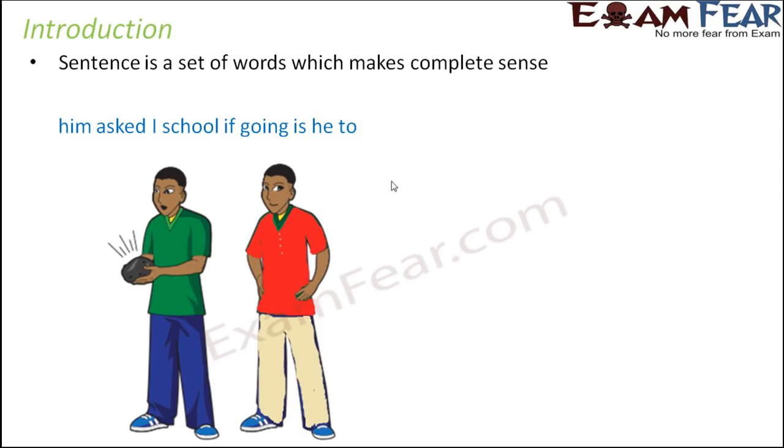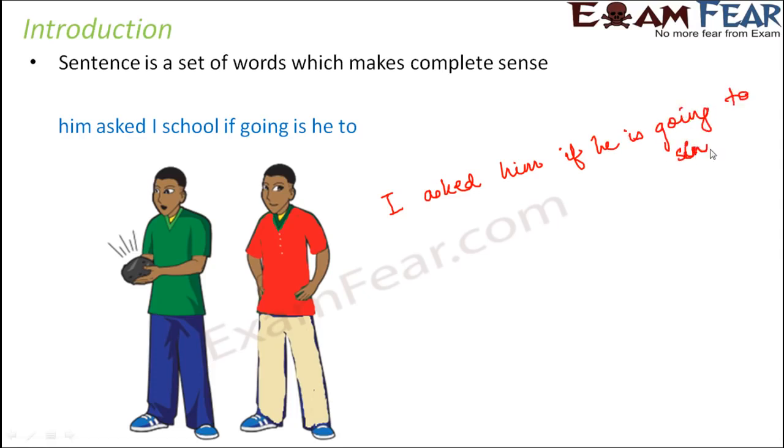But if the same words are written like this, now the words are jumbled up, so we just need to arrange the words properly. I asked him if he is going to school. Now this makes complete sense and therefore this is an example of a sentence.